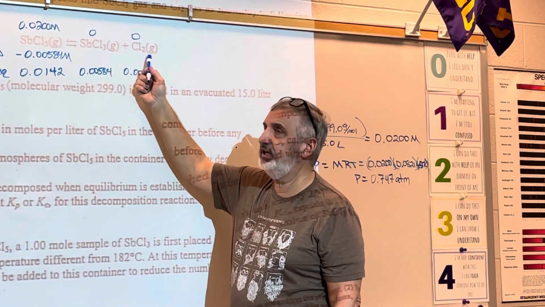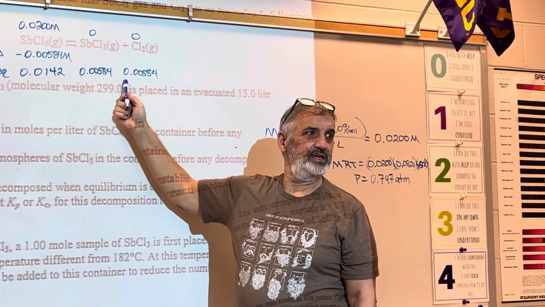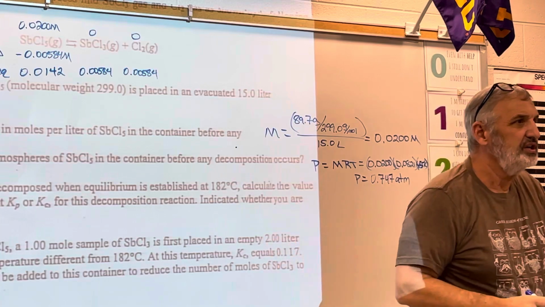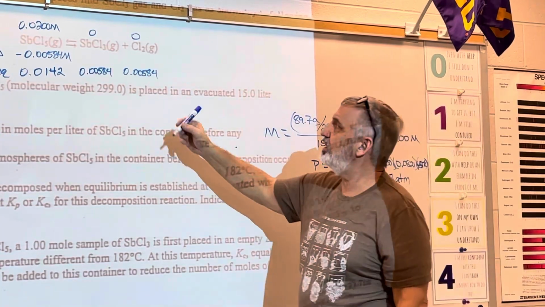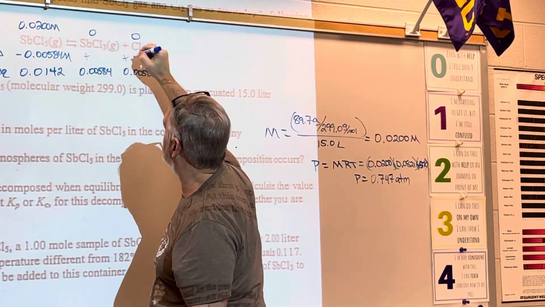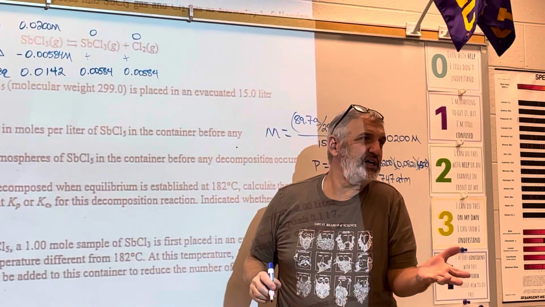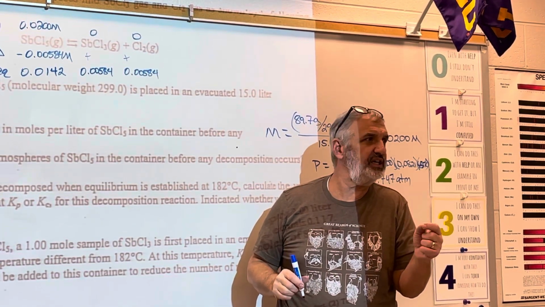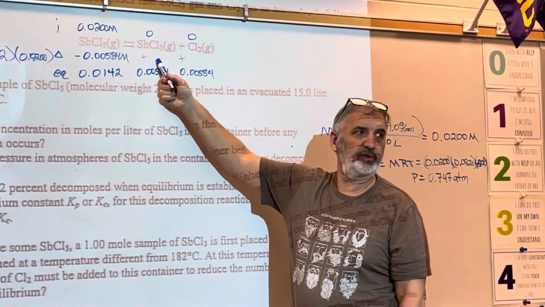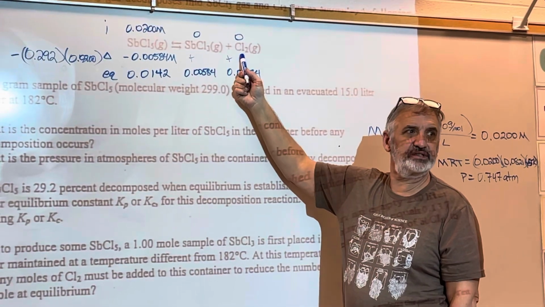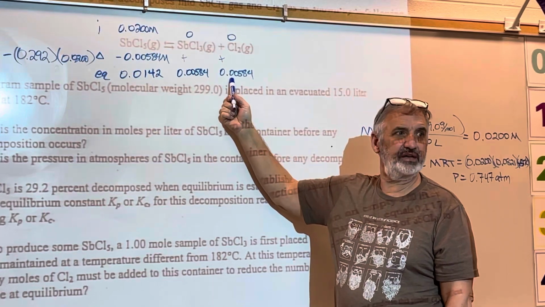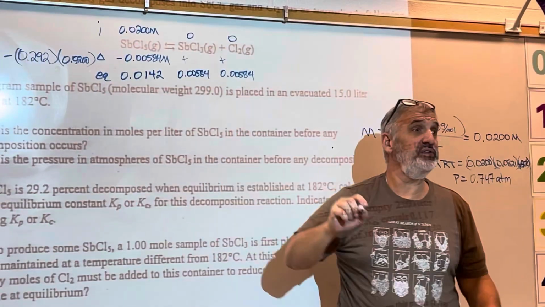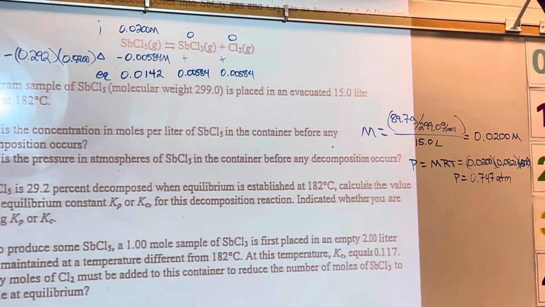In your ICE table, you know this is going to be plus and plus, so you can save time. Now again, if you need to for organizational purposes, you can put in your numbers here and then rewrite it again. If there's something above it, I recommend you do that. Let me finish the thought and then I'll answer your question.